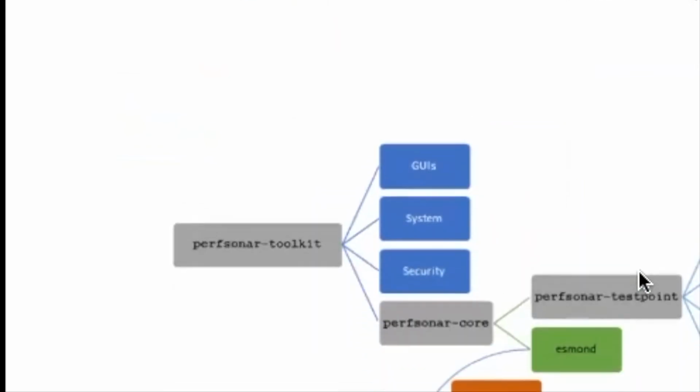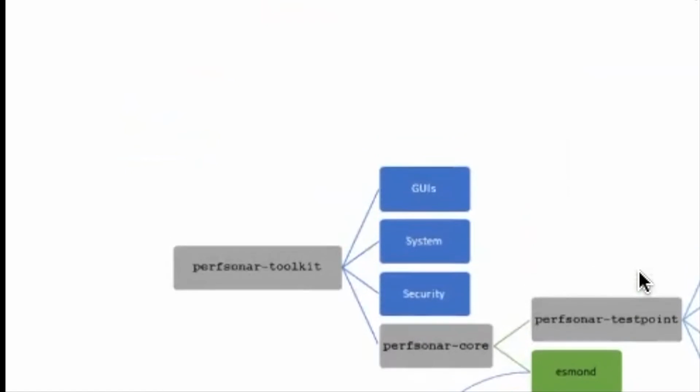This graphic shows how the packages are related. The smallest package you can have is perfSONAR Tools. It has all the basic tools required, but it does not have any scheduler, so you can't schedule any tasks by installing this package.